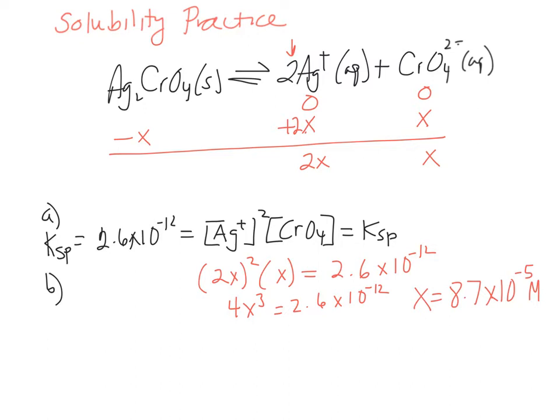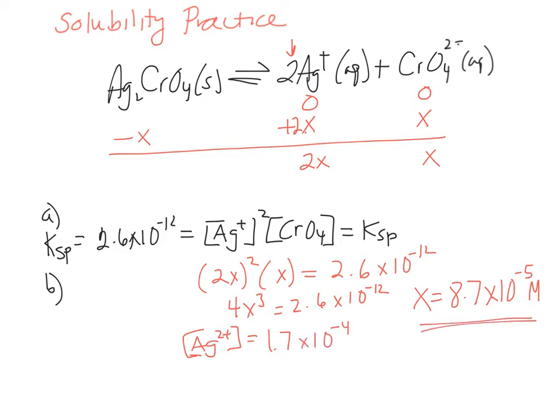And then we're asked, okay, if that is the concentration of the chromate ions, then the concentration of the silver ions in a saturated solution would be twice that, which would be 1.7 times 10 to the minus 4 concentration.